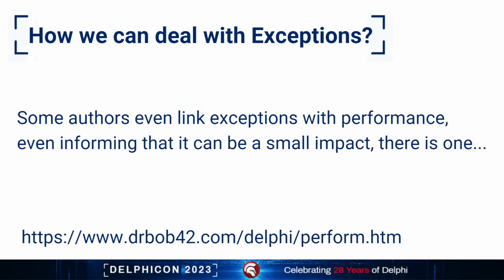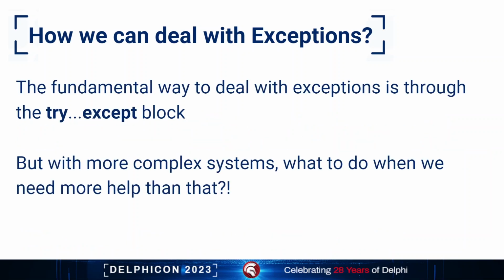Well, first of all, we will see that many authors also link exceptions, or an excess of exceptions, with bad performance. Even if it is a small impact, it has one, so think about it as well, right? The fundamental way to deal with exceptions in Delphi is the try except block. We will not go into every detail of the try except block here, but it is a simple way to deal with exceptions.